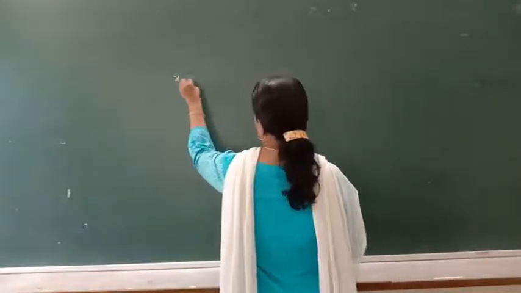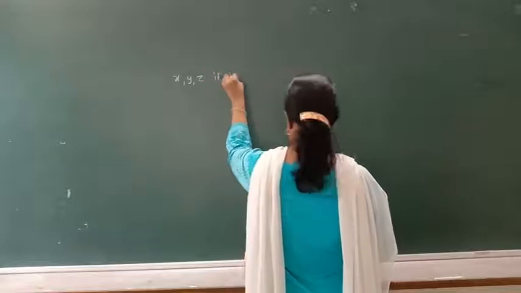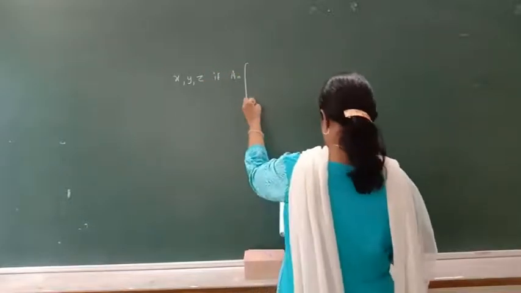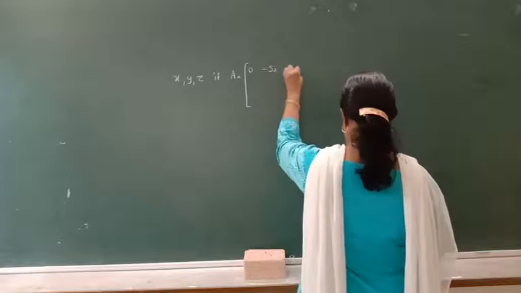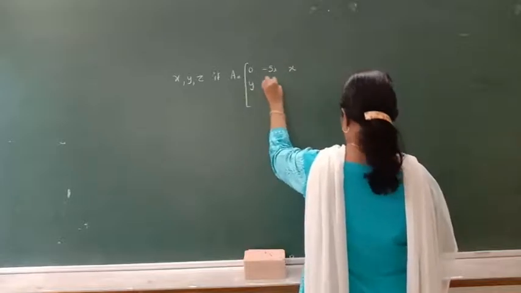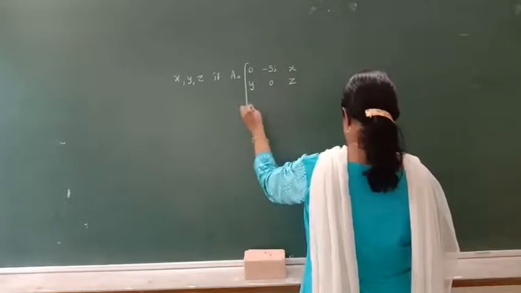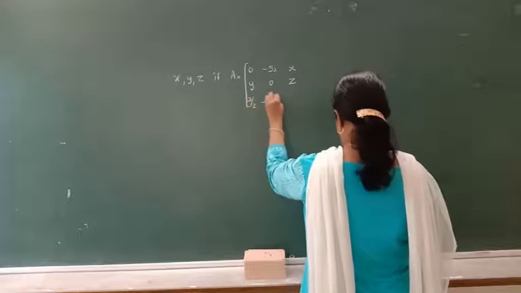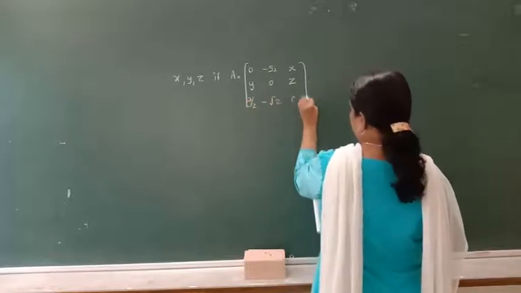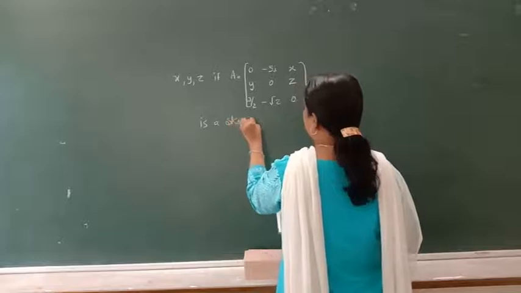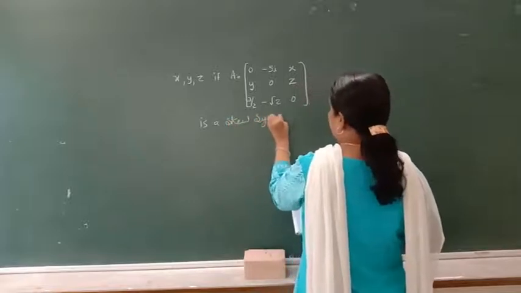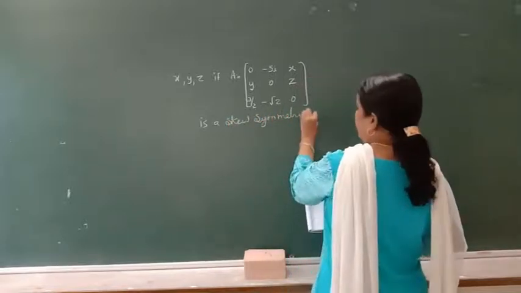Find X, Y and Z if A is equal to the matrix 0, minus 5i, x; y, 0, z; 3 by 2, minus root 2, 0, is a skew symmetric matrix.